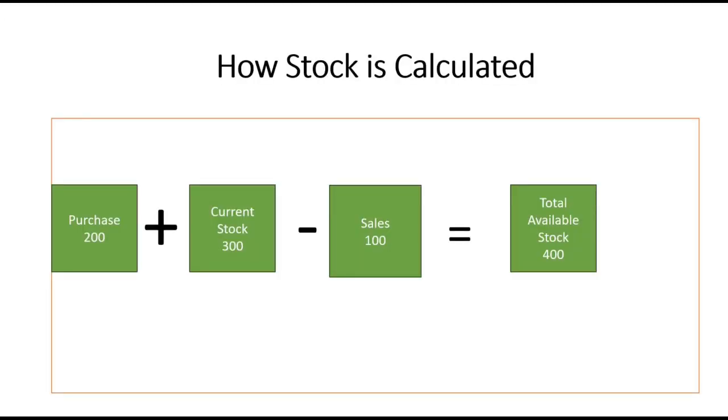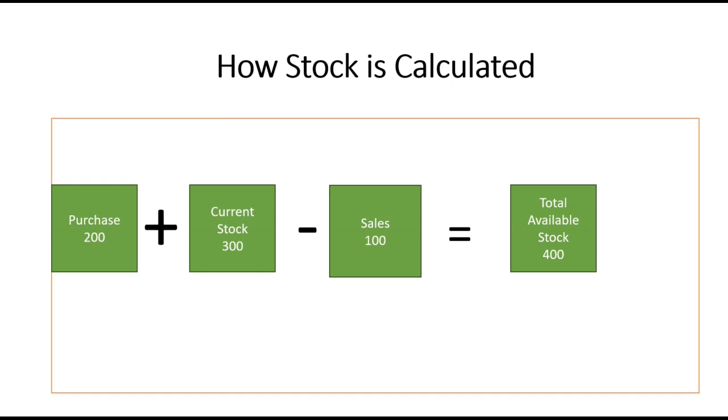Because I am talking in this project about the stock management system, I have considered the example of a furniture shop. Suppose in my shop I have a stock of about 300 tables available in the month of August. That is, on 1st August I have a total availability of 300 tables, which I will use to sell in August.